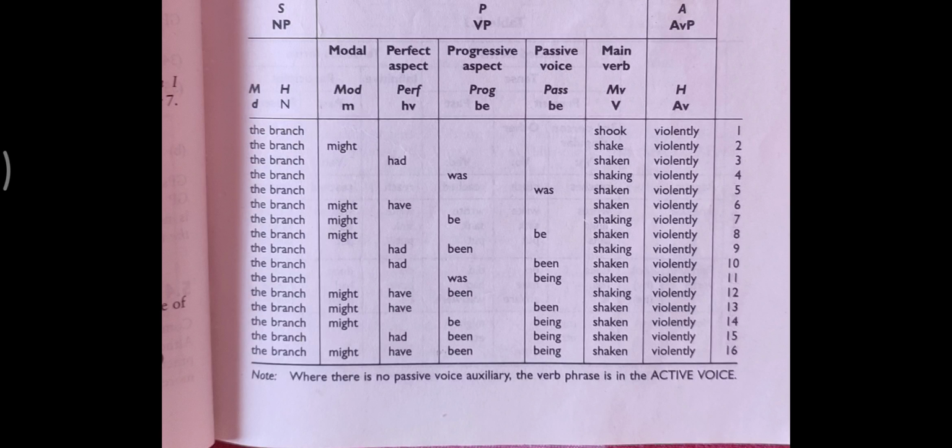The branch was shaken. The branch might have shaken. The branch might be shaking. The branch might be shaken. The branch had been shaking. The branch had been shaken.